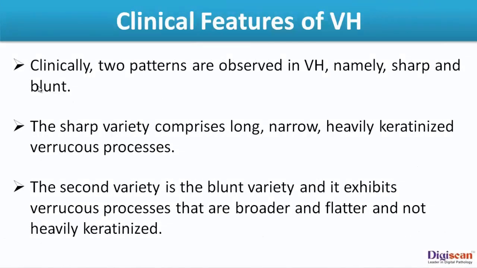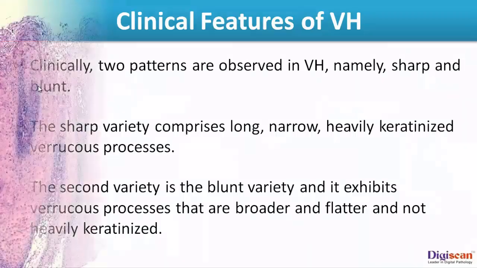Clinically, two patterns are observed in verrucous hyperplasia, namely sharp and blunt. The sharp variety comprises long, narrow, heavily keratinized verrucous processes. The second variety is the blunt variety, and it exhibits verrucous processes that are broader and flatter and not heavily keratinized.